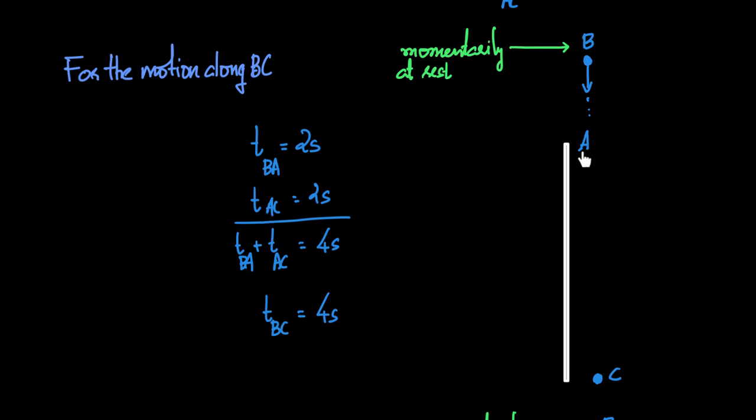Time to reach AC would be 2 seconds. Time to reach BA plus time to reach AC would be 2 plus 2, which is 4 seconds. BA plus AC is the complete time to travel BC. So the time to travel BC is 4 seconds.